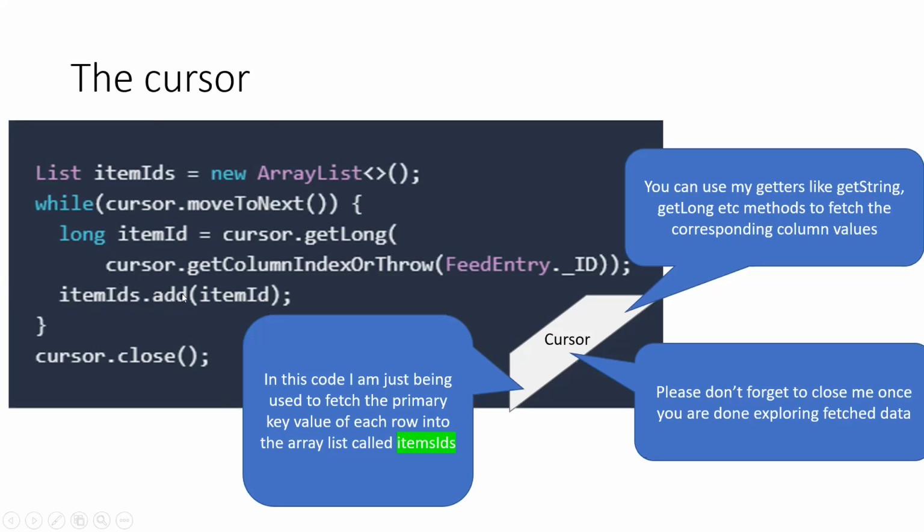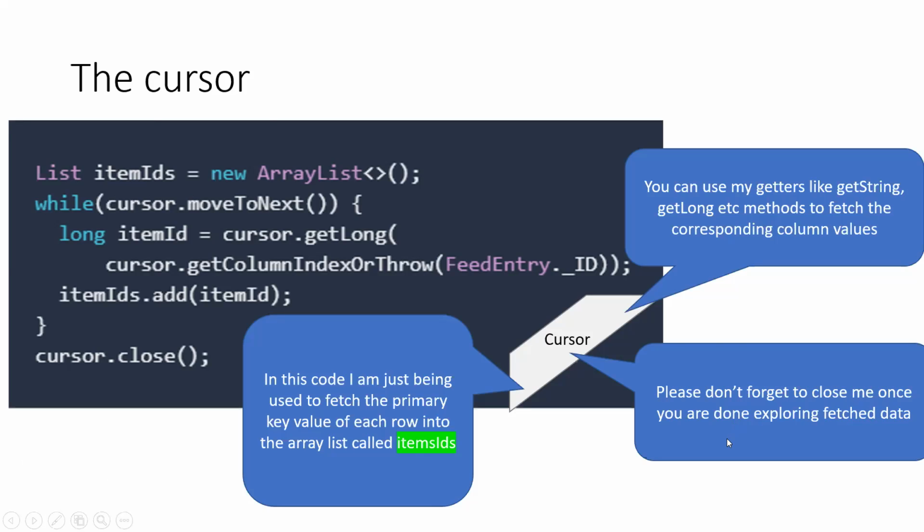Let's say a cursor fetched 5 values which satisfied the criteria you mentioned. This while loop will run 5 times, so at the end your array list is going to contain 5 primary key values. And once you are done, don't forget to close.